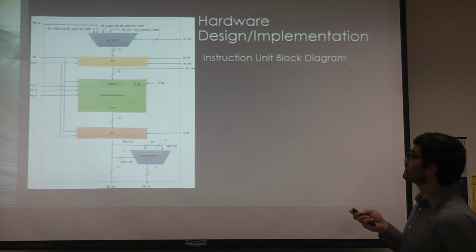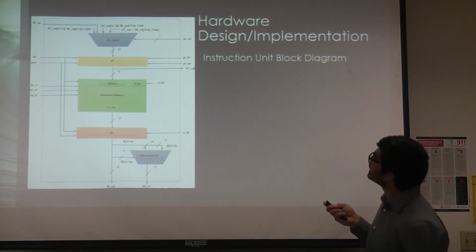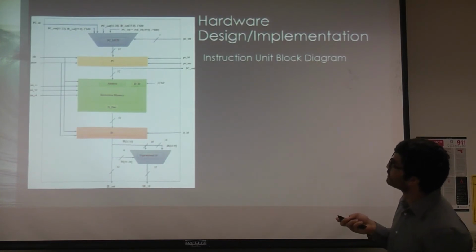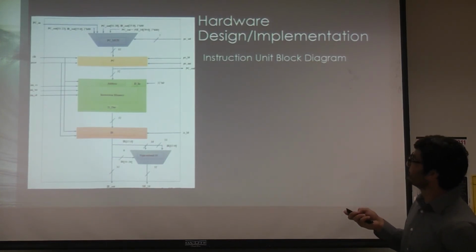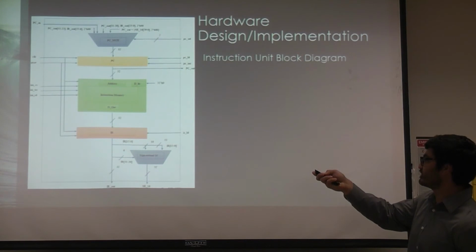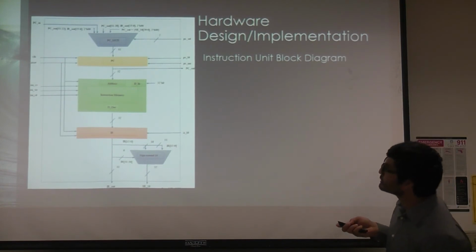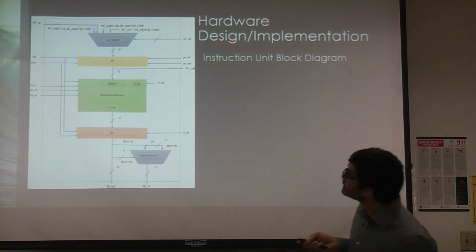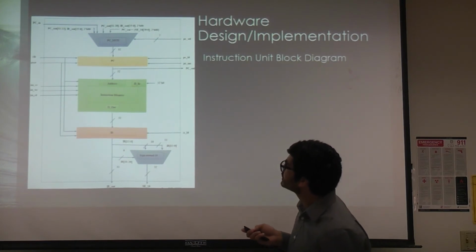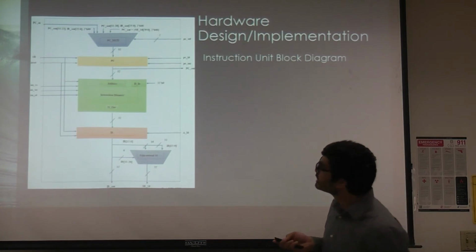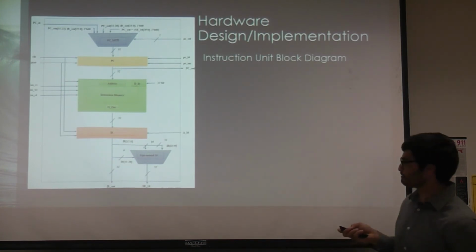We have our PC load, PC increment, and our clock reset. We also have 32 bits going into the instruction memory. We have our DN, which is 32 bits. Our interrupt, our instruction memory chip select, and instruction memory write and read.